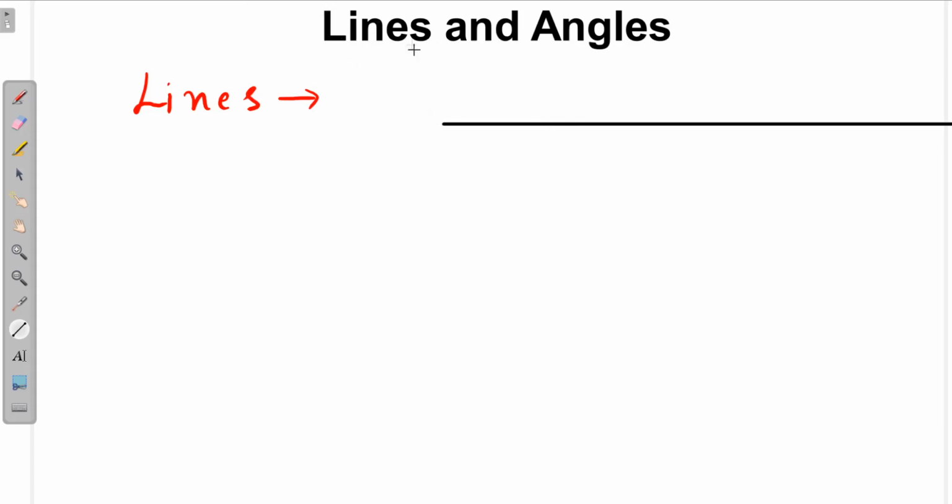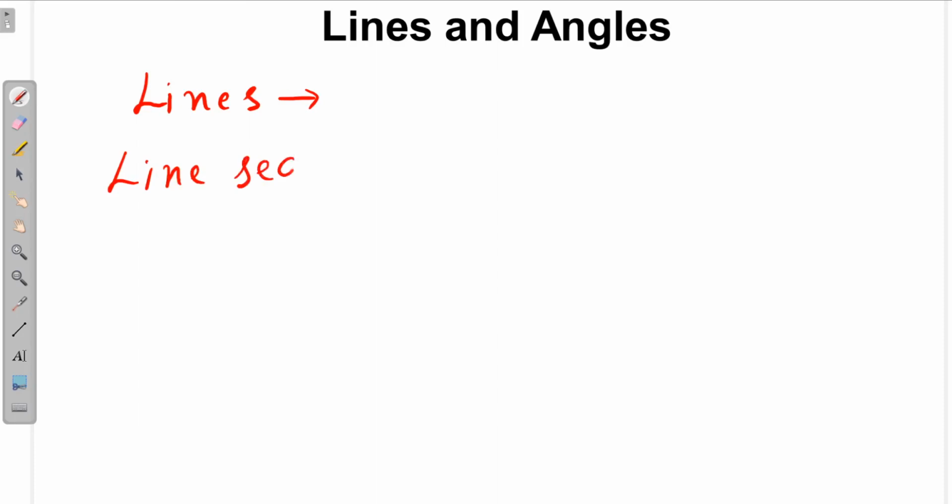Now what do you mean by line segment? In line segment, the line which contains some endpoints, so it contains two endpoints, and that is called the line segment.